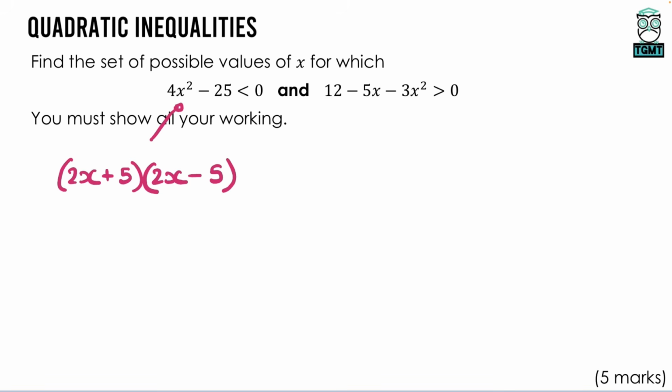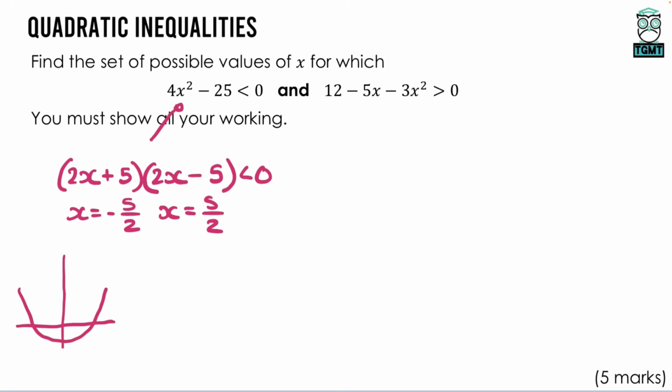Now we get two solutions for these, but I'm going to first write the actual solutions. So this one here, we have x equals 5 over 2. And this one we have x equals negative 5 over 2. Now, best thing to do is to draw a graph when you're thinking of these. So when we draw this graph, which is a positive quadratic, meaning it makes this nice U shape, we have 5 over 2 on the right and negative 5 over 2 on the left.